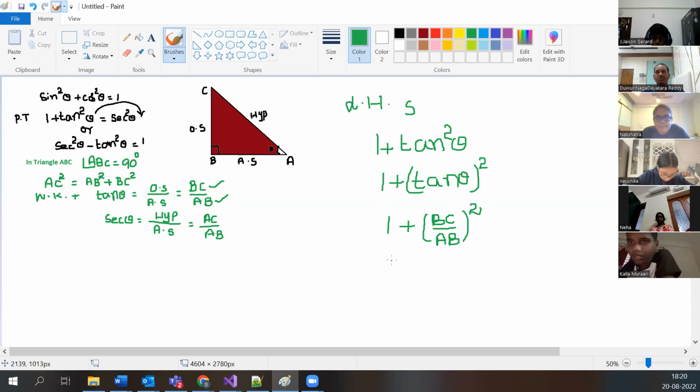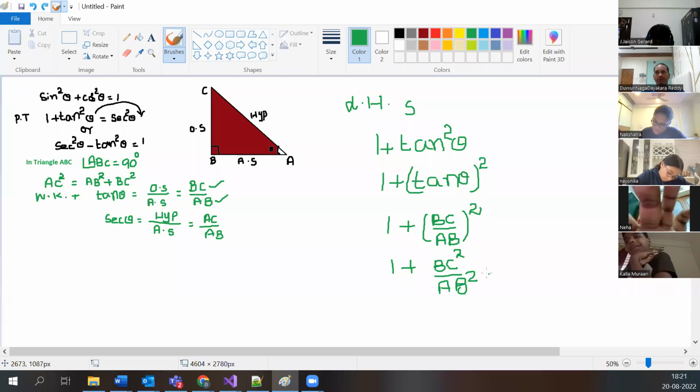Now you can expand that square and distribute: BC square by AB square. What is the LCM here? AB square. The numerator will become AB square plus BC square.